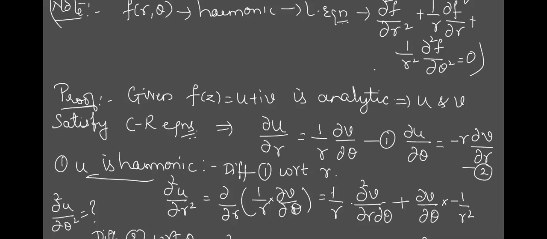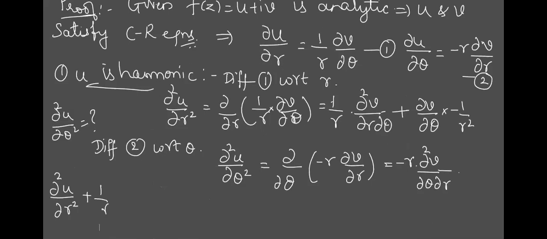Have you seen it? Will you tell me now if I ask? Because every time I can't go up and check. What is the LHS part of Laplace? ∂²u/∂r² plus 1/r ∂u/∂r.